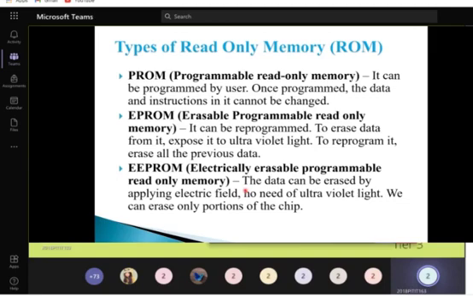But here in EEPROM, we erase the data by applying the electric field, and there is no need for ultraviolet light. Here we can erase any portion of the chip. If I don't want to erase all the data, and only want to erase a small portion, that too we can do.